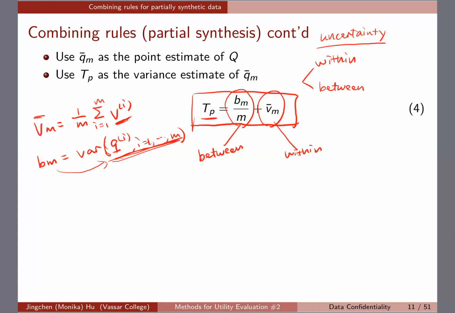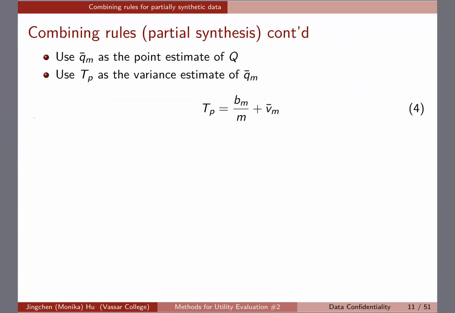Because the uncertainty comes from within each synthetic data set and between synthetic data sets, we should have a variance estimate that is some kind of combination of the two. The actual reason why the form is as in equation 4 is more complicated, and there's theoretical background behind it. I will post some references so you can read about it if you want. But the essential part is to recognize that there are two sources of uncertainty, and we're trying to capture them in the variance estimate.